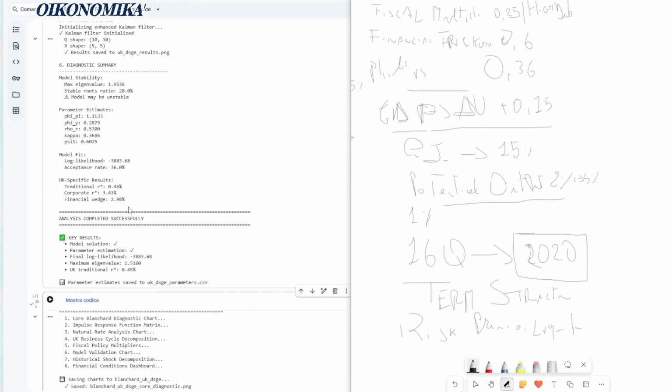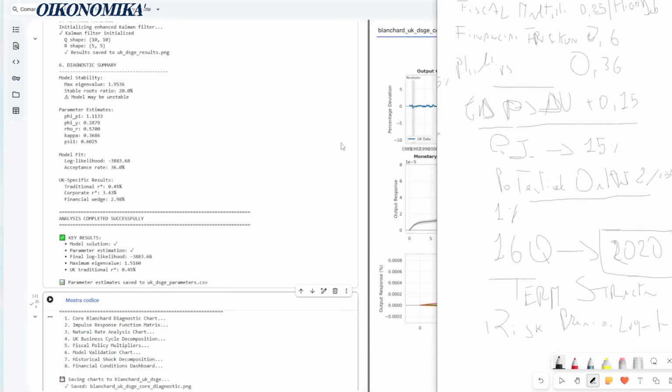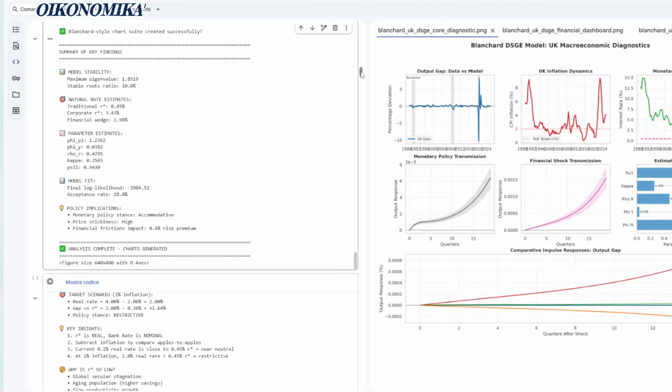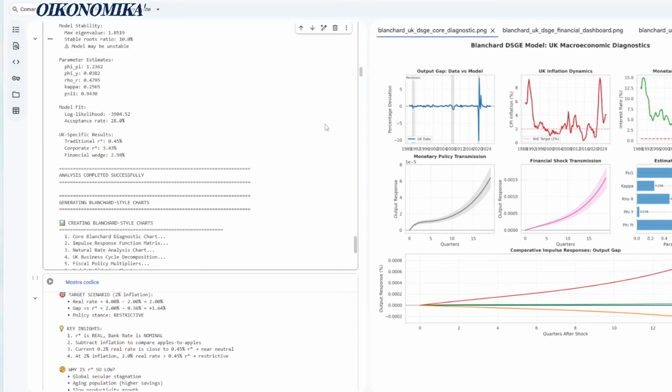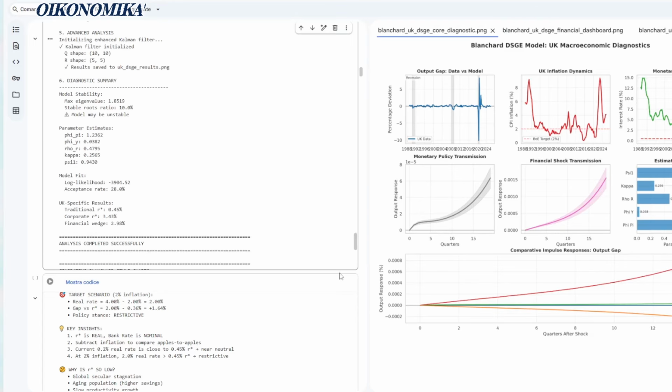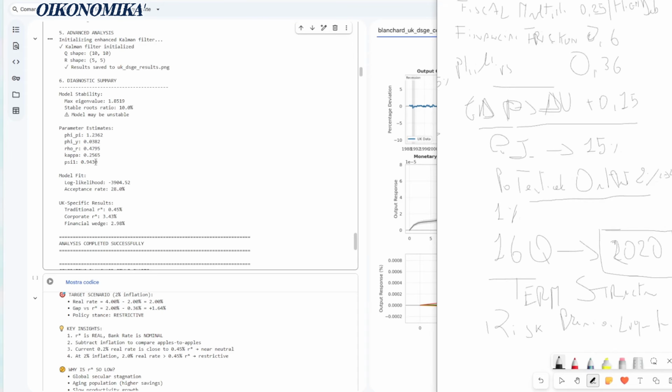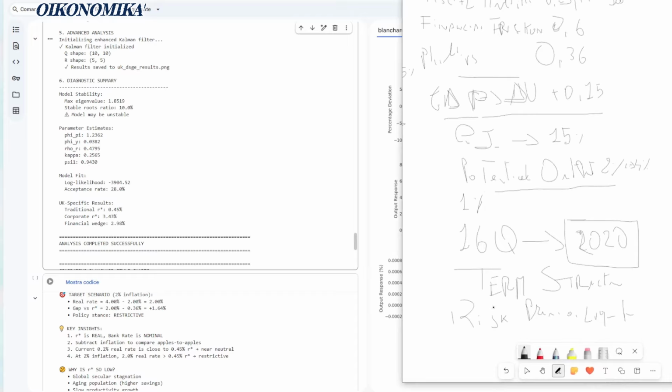Here the financial friction component in the Blanchard model is 0.98. So it's very, very high. Here, you see, it's very, very high, 0.94. So what are the structural features? Term structure risk premium, it's higher.